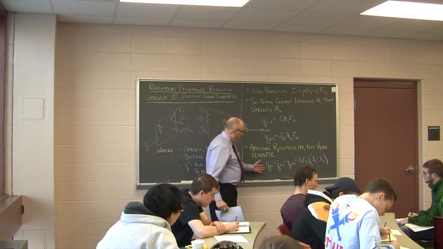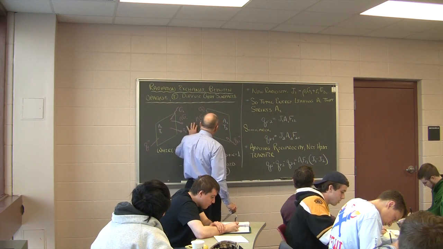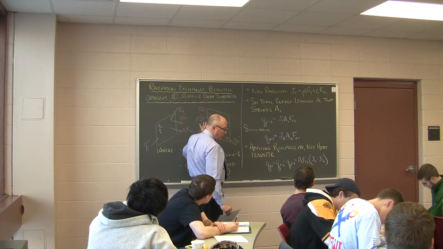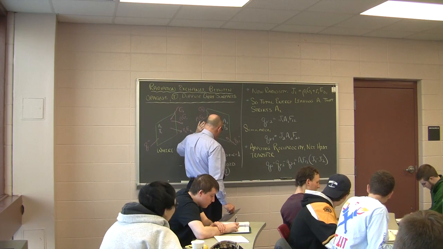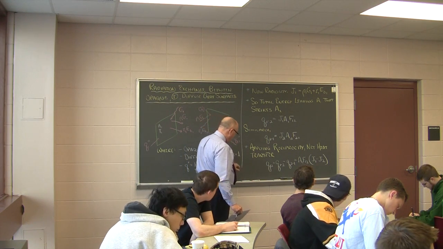So now we have an expression for the amount of heat transfer that occurs between these two opaque isothermal diffuse gray surfaces, where epsilon is set equal to alpha and transmissivity is equal to 0.